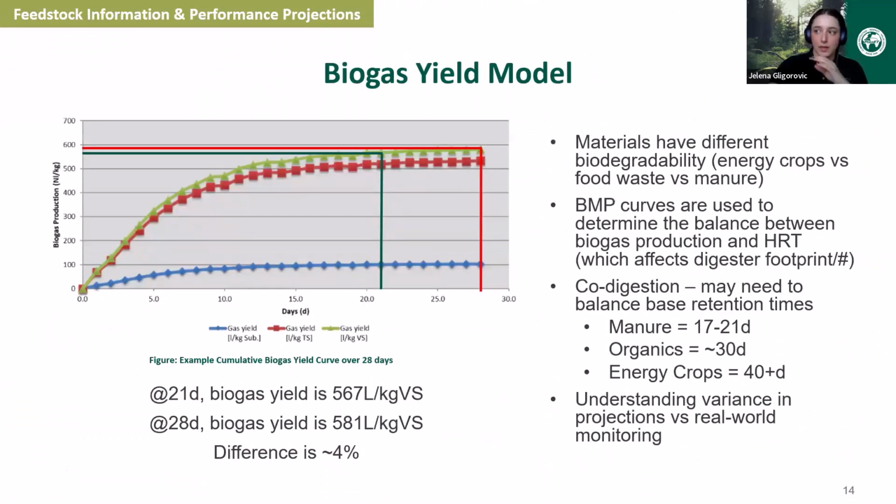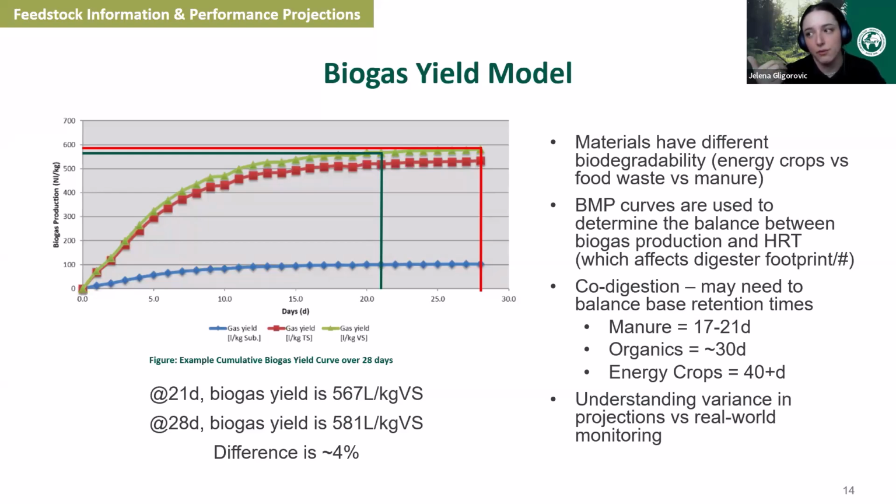Okay, so the next thing that I want to talk about is the biogas yield model. I have a graph here on the left side. That is an example biogas yield curve of a substrate over 28 days, showing the cumulative biogas. Typically when you send your feedstock to a lab, this is the kind of information that you receive back from them.